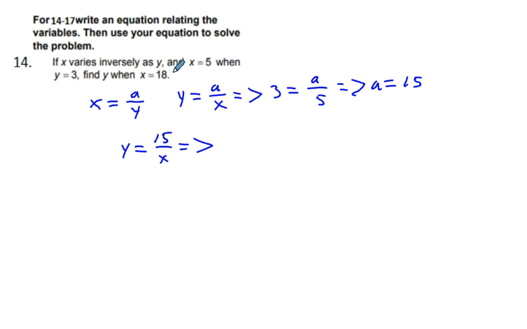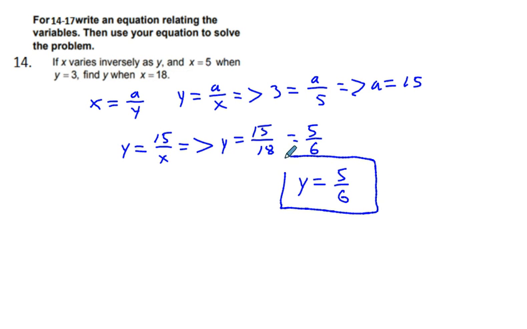And then when x equals 18, we have y is equal to 15 over 18, which simplifies to 5/6. And some of you gave me the decimal version of that, which is 0.833, I think, which I said is okay. 5/6 is the correct answer.